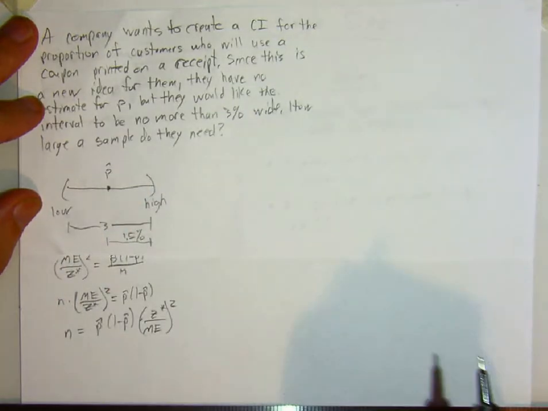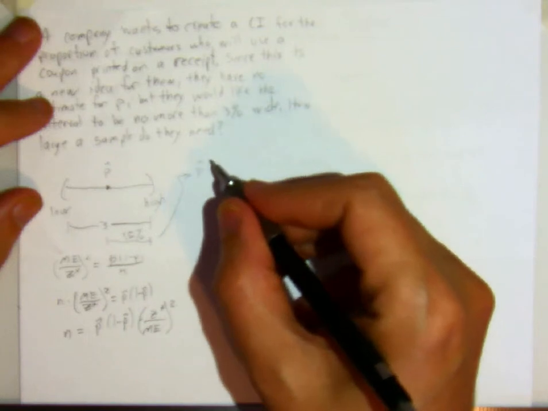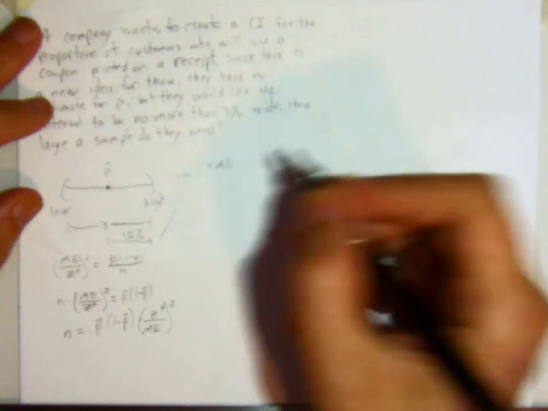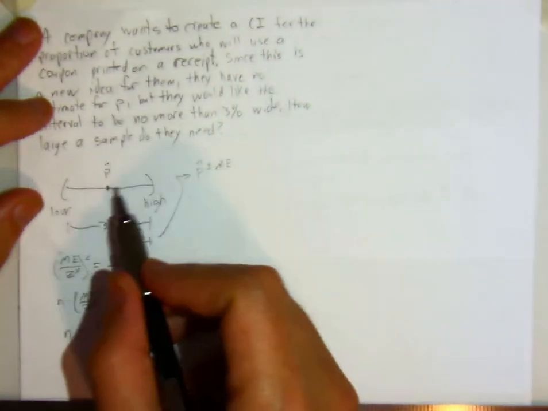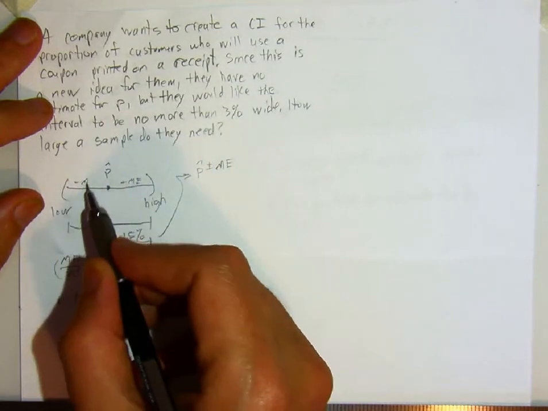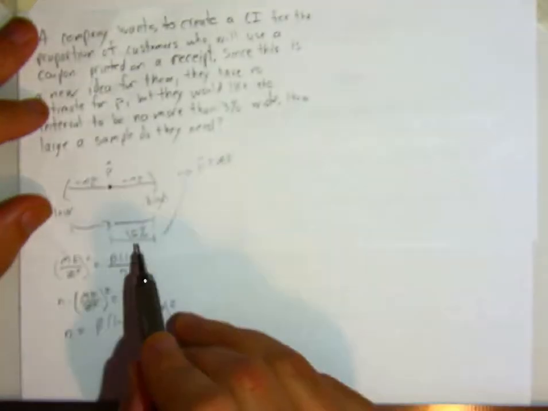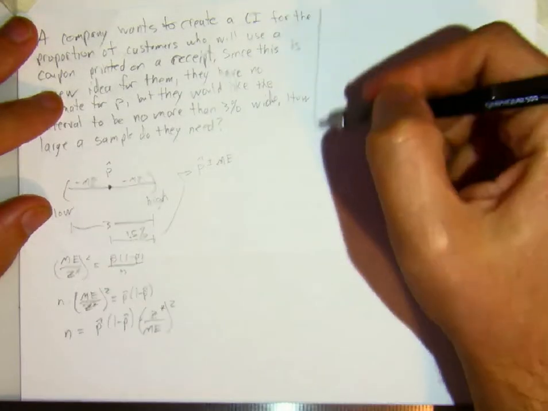Because the way an interval works is that the interval is p hat plus or minus the margin of error. So the interval goes plus margin of error on this side from p hat up, minus margin of error here. So the wording in this problem, 3% wide, means use 1.5% for the margin of error.